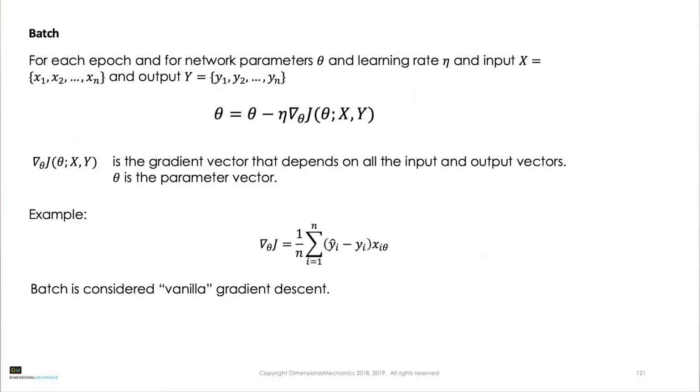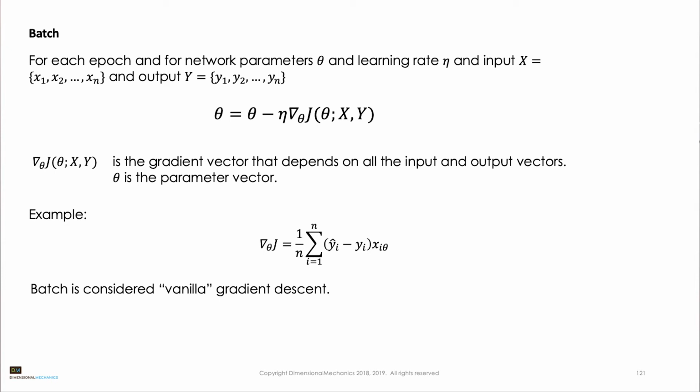Mathematically, if you're interested, this is sort of what happens. The network parameters are represented by an abstract value theta. These could be the weights in the system, or the values of the coefficients in the equation. For every epoch, you have a value theta, your input value is x and your output value is y.